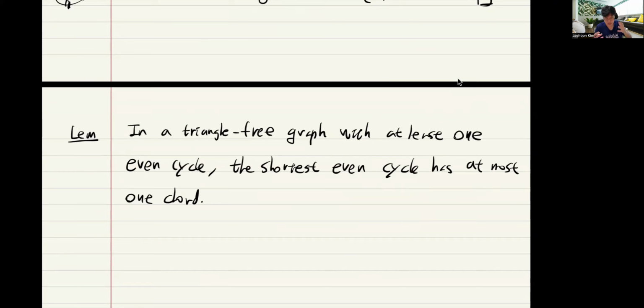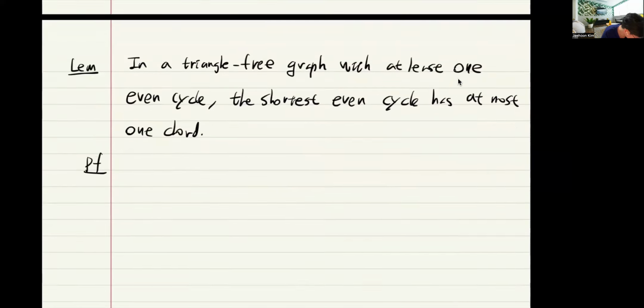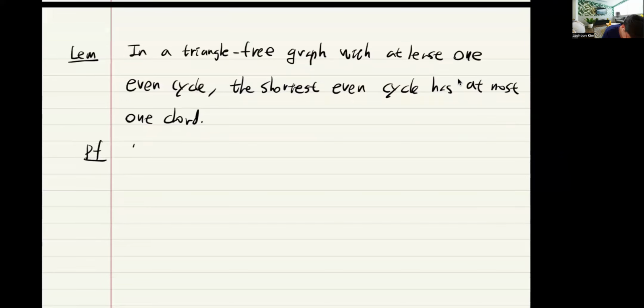So as long as it has a triangle, we will show that it has an even cycle with at most one chord. Then the remaining case, the triangle-free case, is what this lemma will take care of. So with that foresight, we prove this lemma first. Let's say C is the shortest even cycle.